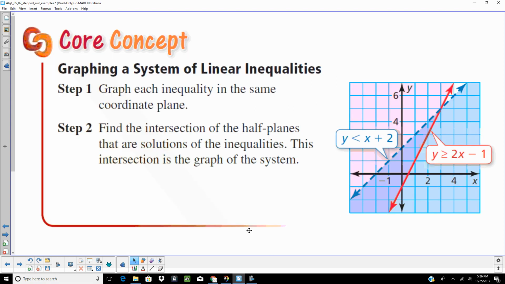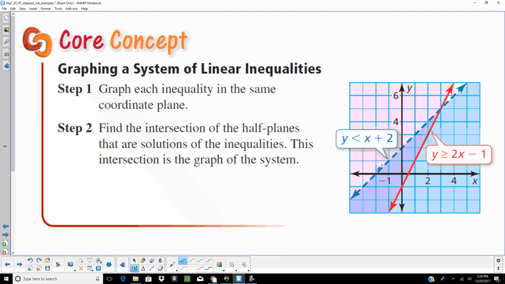All right. So how can you tell from a graph whether something is a solution? You're going to graph both inequalities on the same coordinate plane, and where those graphs overlap is your solution. On this one, the red, we're shading above.